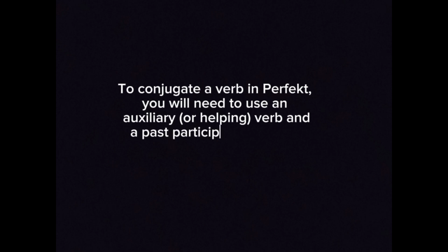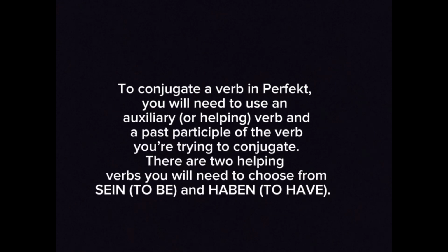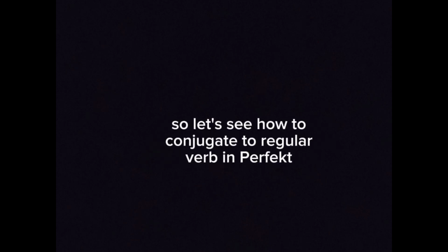To conjugate a verb in perfect, you will need to use an auxiliary verb and a past participle of the verb you are trying to conjugate. There are 2 helping verbs you will need to choose from, sein and haben. Most verbs use haben. So let's see how to conjugate a regular verb in perfect.